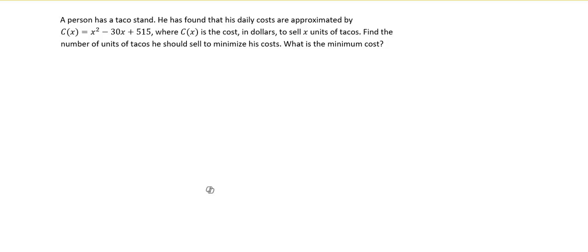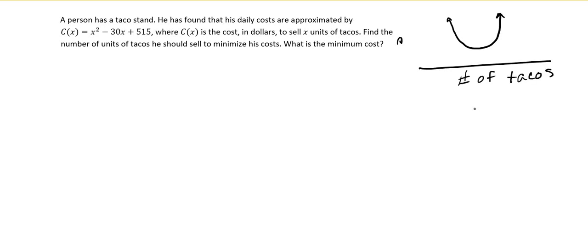So in this problem, my picture is going to look different. I have a parabola with a positive leading coefficient, so my parabola opens up. My horizontal axis is the number of tacos, and my vertical axis is cost. And I am looking for the minimum cost.